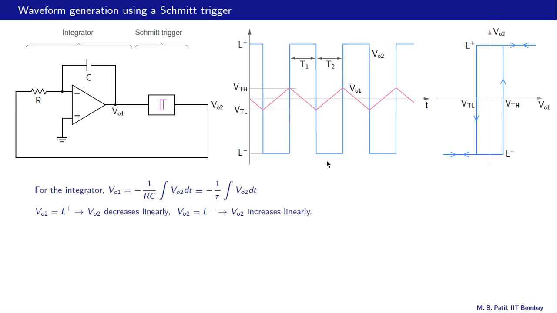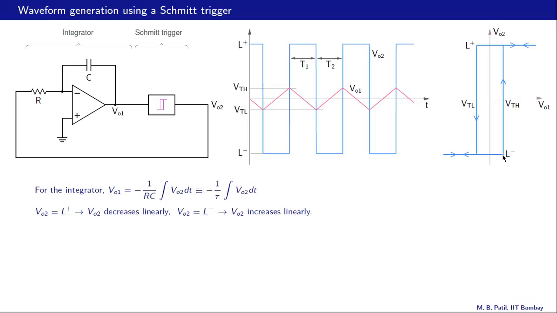When VO2 changes its sign, as it goes from L plus to L minus, there is a change of sign here, and therefore VO1 now starts increasing. That is what we are seeing over here. And in terms of this plot, VO2 is negative, L minus, so that is here, and VO1 is increasing, so we are going in that direction.